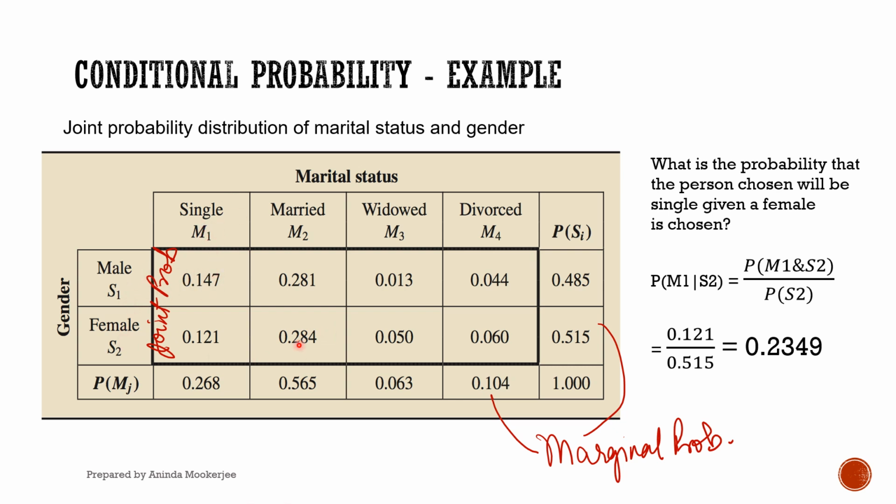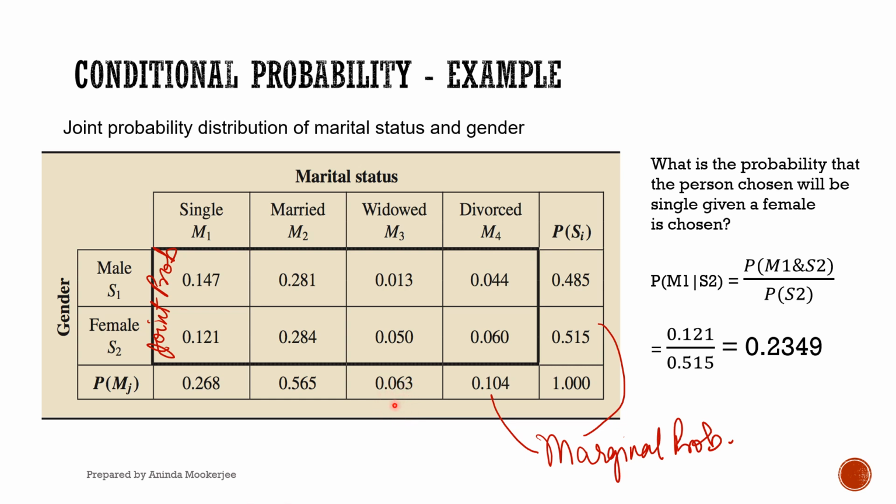The probability of finding somebody who's a female and married is 0.284. For the probability of somebody who is widowed, that's marginal, because we just have one variable there, the marital status. The probability of selecting someone who's widowed is 0.063.